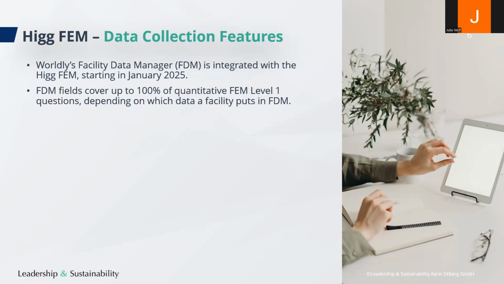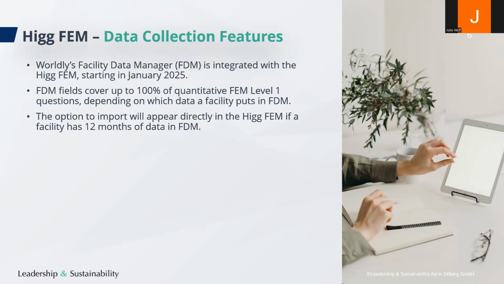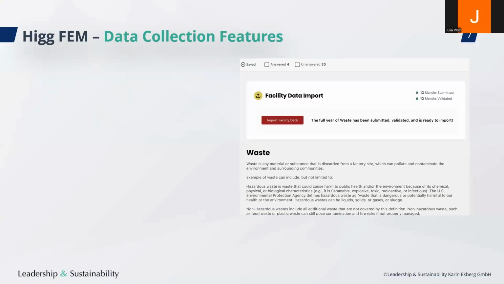If you have completed the FDM to 100% for all months, so it's important that you have the entire calendar year of 2024 included in your FDM, you can import this data into the FEM when you start your FEM. I guess many of you have already started to complete your self-assessment in the FEM, so you probably already have seen this function. But this is how it looks.